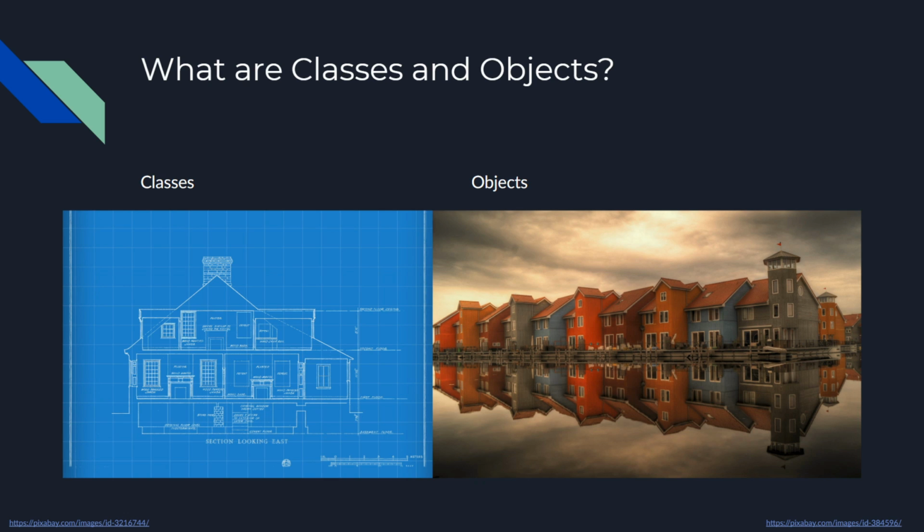So how do we do object-oriented programming? We do this using classes and objects. Classes you can think of like a blueprint, which is why I have these images here. It defines what an object looks like, how it operates, the shape of it, all these kinds of things. And then the object itself is created based on the blueprint, but each object can be slightly different, right?